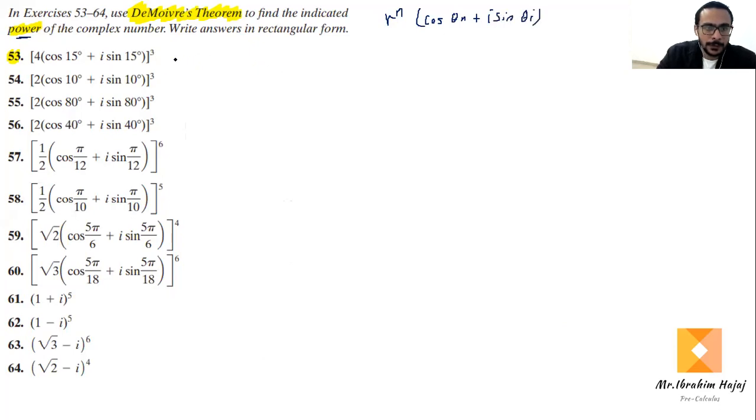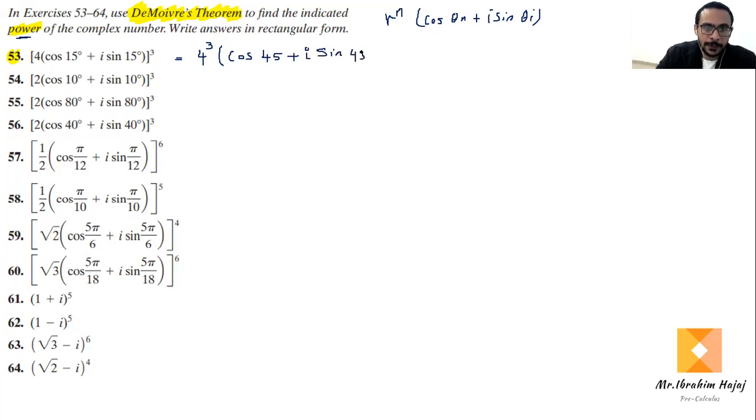Here it's 4 to the power of 3 times cosine 45 plus I sine 45. Why 45? Because 15 times 3.